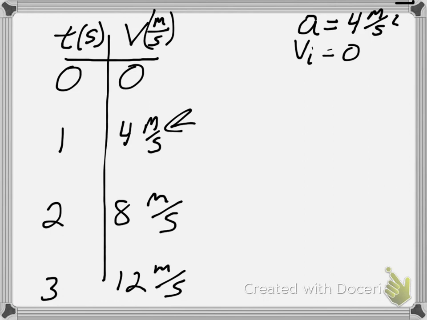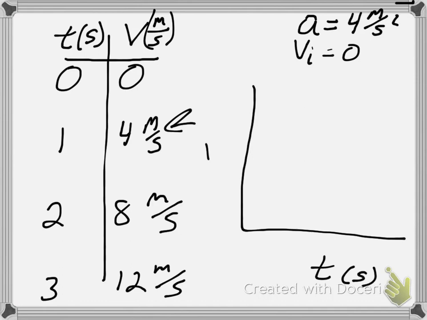All right, that's good. And we'll put time in seconds over here and velocity in meters per second here. Okay, so we'll mark off some time ticks and we'll mark off some velocity ticks.